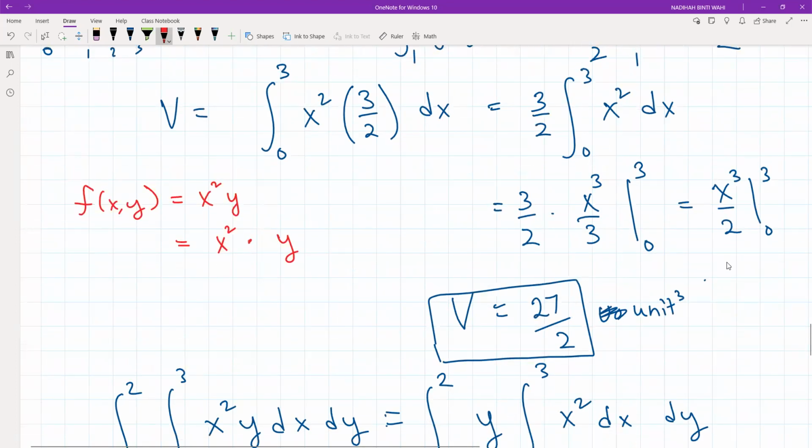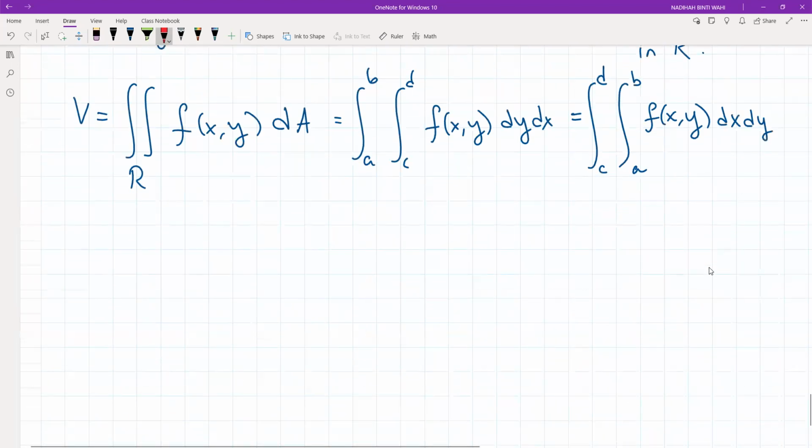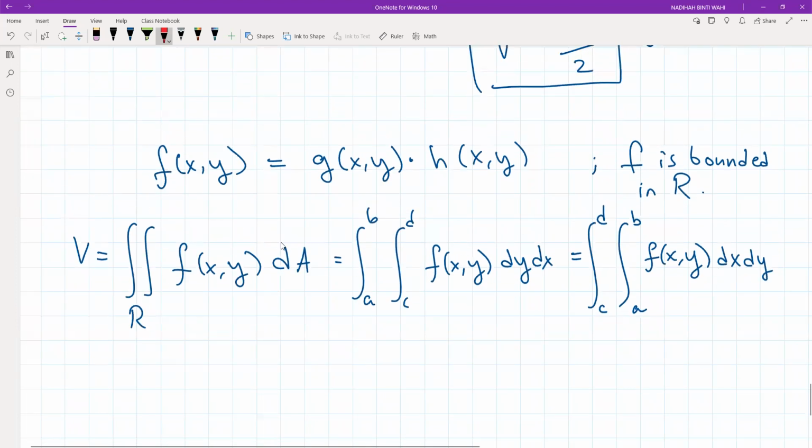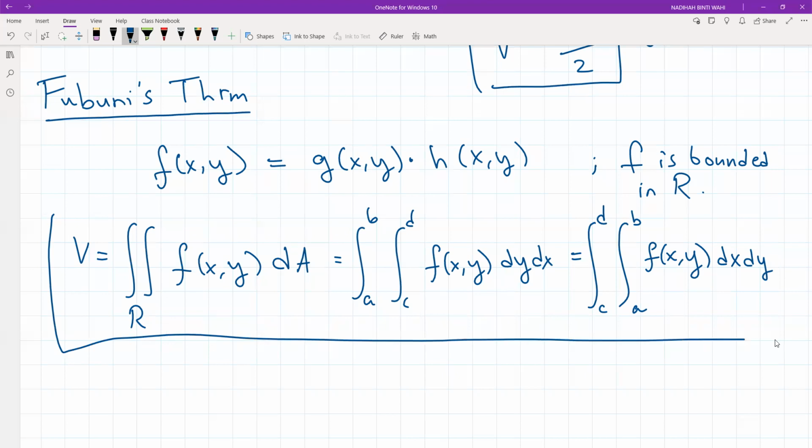So that is why the answer is the same. I changed the order and got 27/2, and then I changed to the other one and also got the same answer, 27/2. So what is this called? This is called Fubini's theorem. Okay, so it doesn't matter if you interchange, as long as f is bounded.